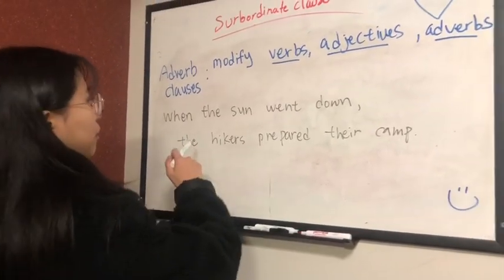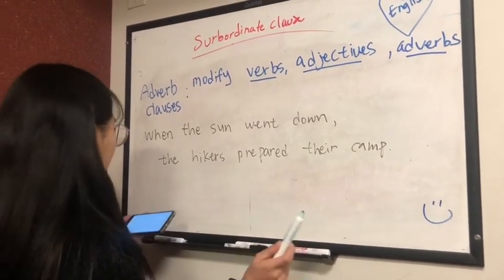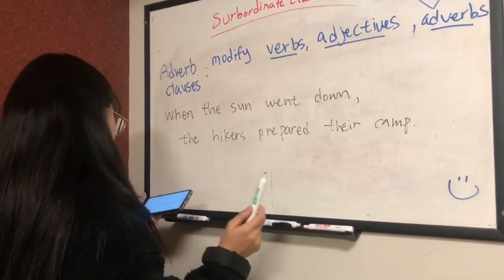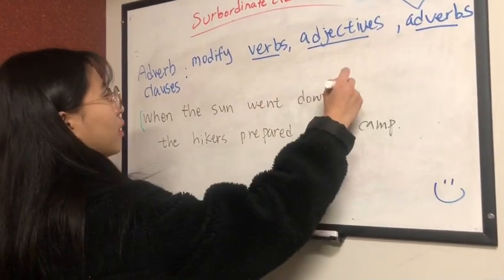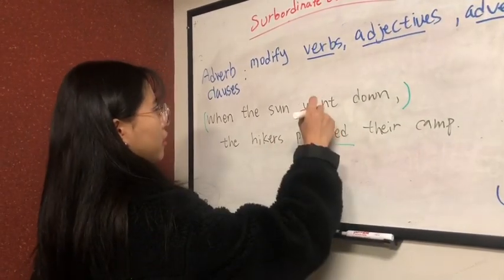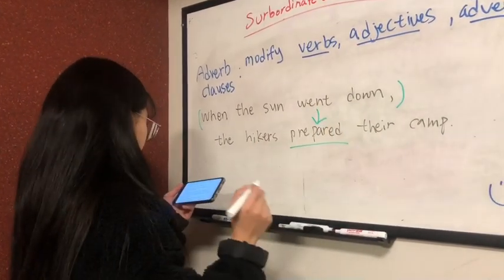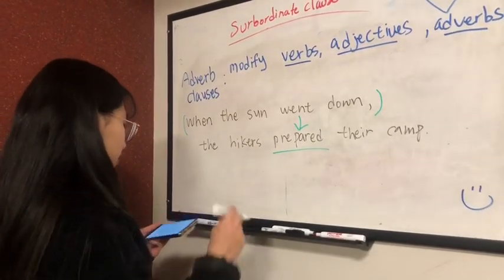Here's an example: when the sun went down, the hikers prepared for their camp. In this sentence, the adverb clause is when the sun went down because it modifies the verb prepared, and therefore the clause works like an adverb in the sentence.